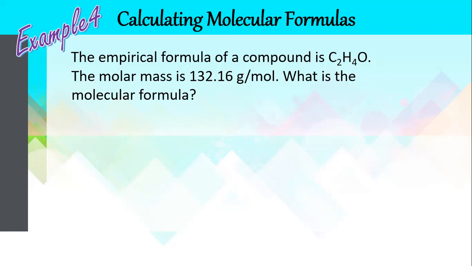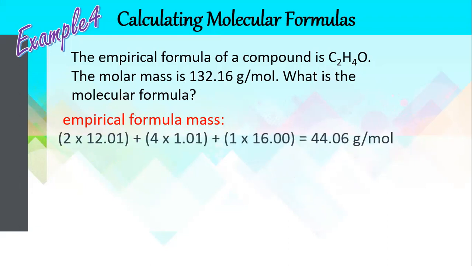So let us first find the empirical formula mass. We just have to use all those numbers of atoms. You have 2 atoms of carbon multiplied by its atomic mass, which you can find in your periodic table.